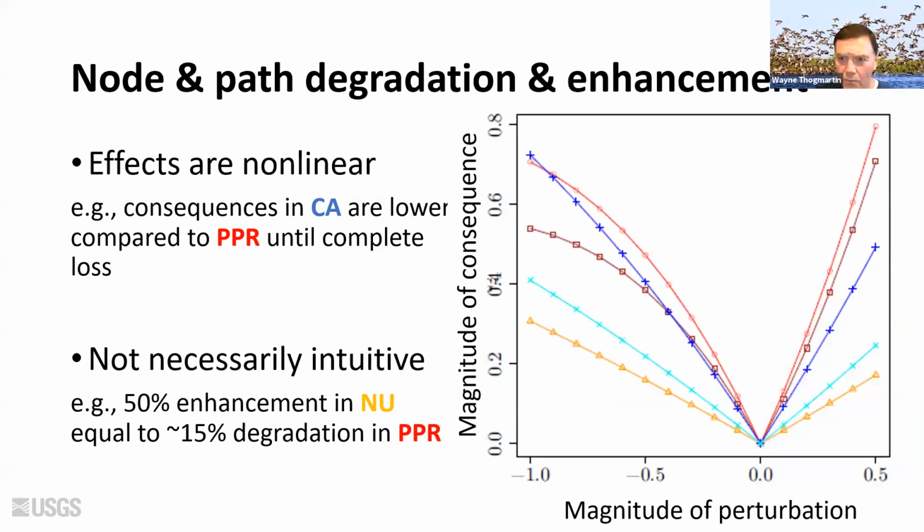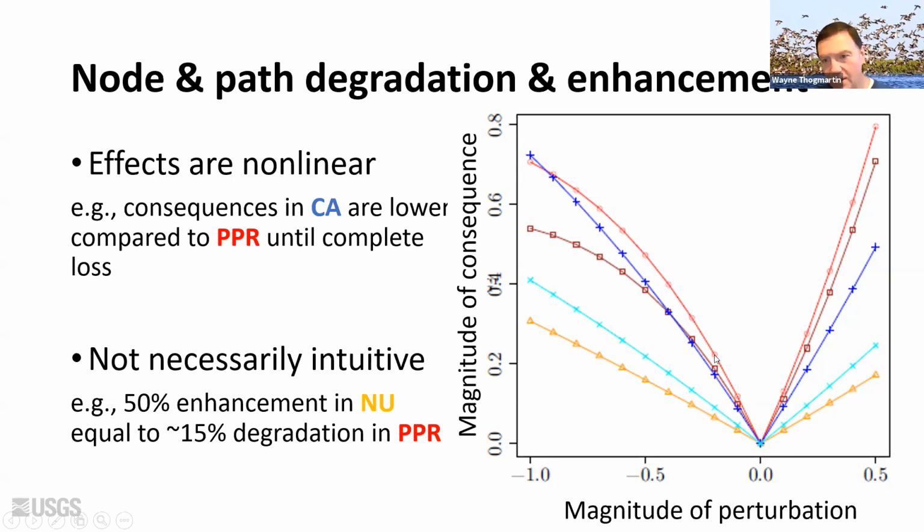So really what we would like to understand is the consequences of small perturbations that may occur either through habitat enhancement or through environmental change or habitat loss. What we've done here is plot the G calculations with the magnitude of perturbation on the x-axis and the magnitude of the consequence on the y-axis.